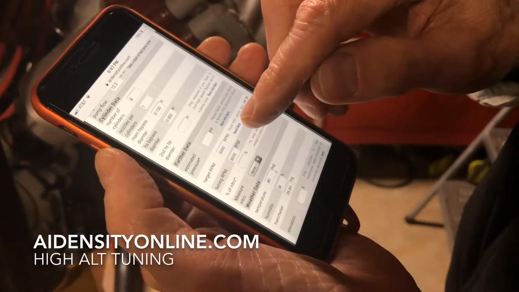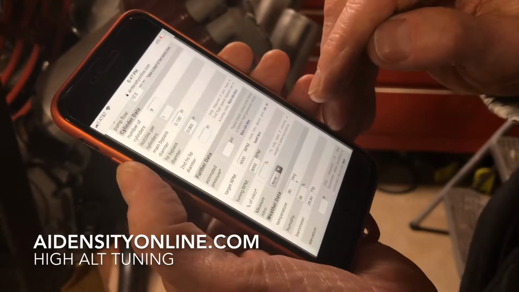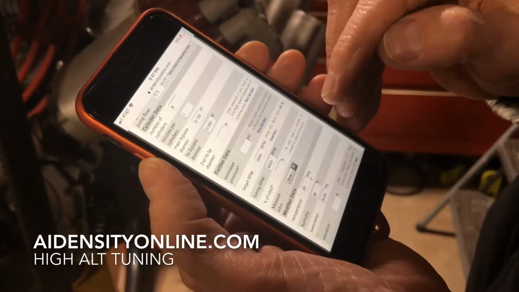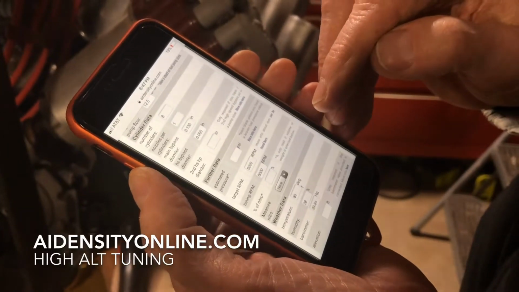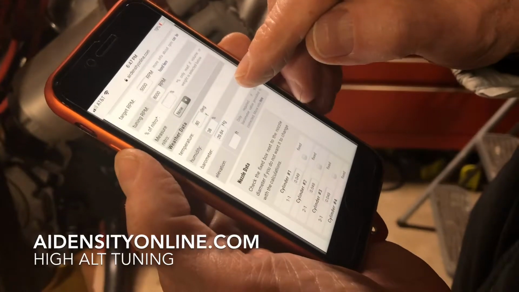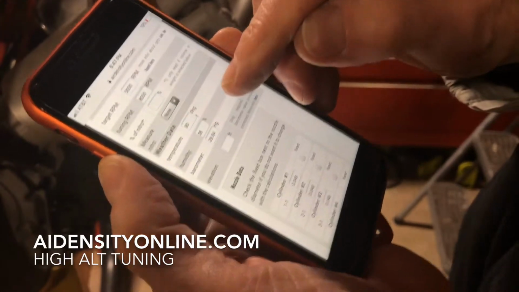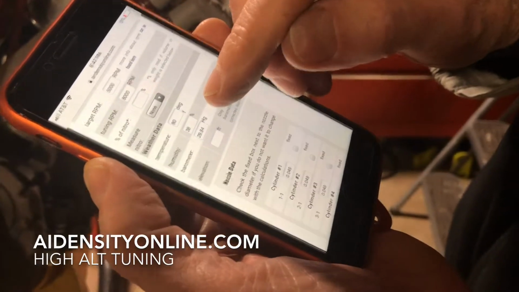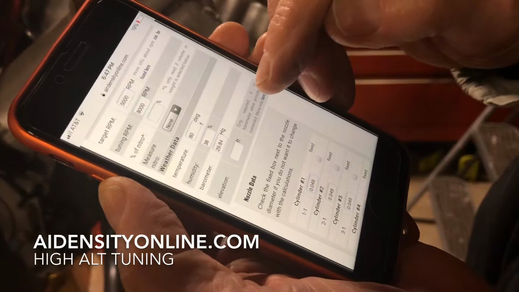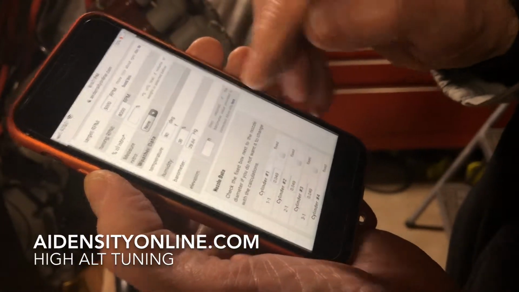The target RPM is 5,000 RPM. That's our stall speed on our torque converter. The tuning RPM is 8,000 RPM because that's the rating for the fuel pump. There's no nitro. Our sea level air density is approximately 80 degrees Fahrenheit, 38% humidity, and about a 29.84 inches of mercury on an uncorrected barometer.